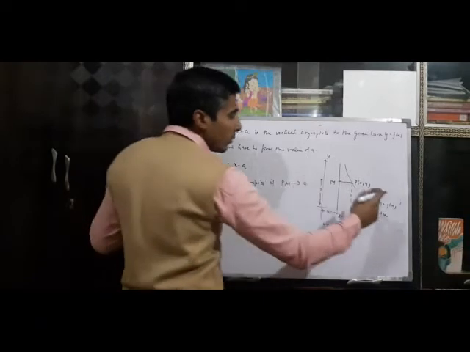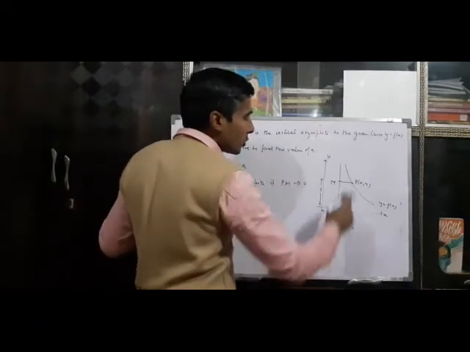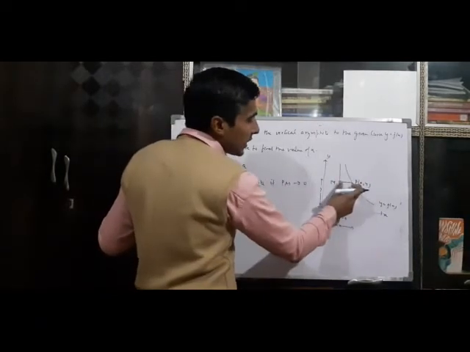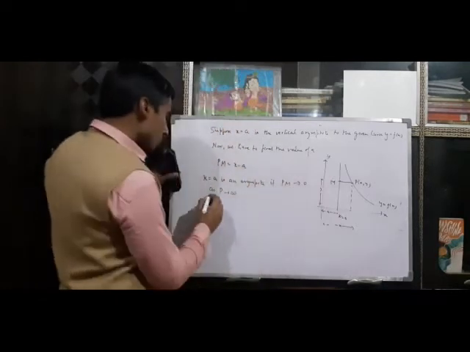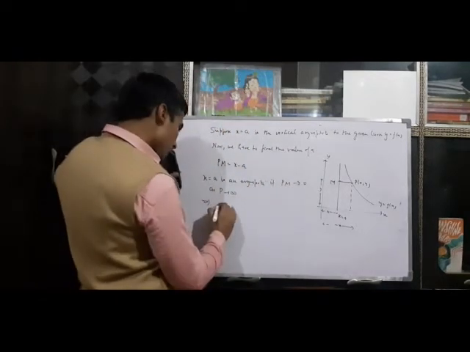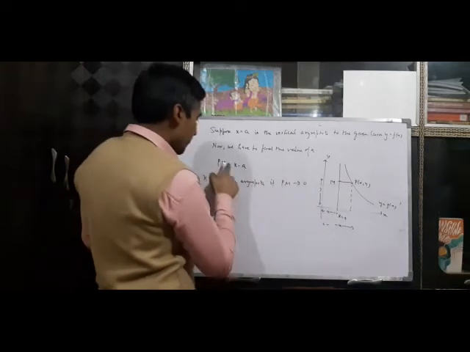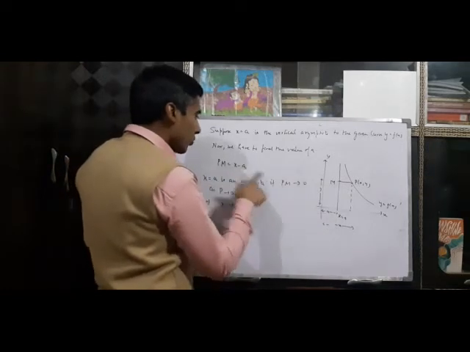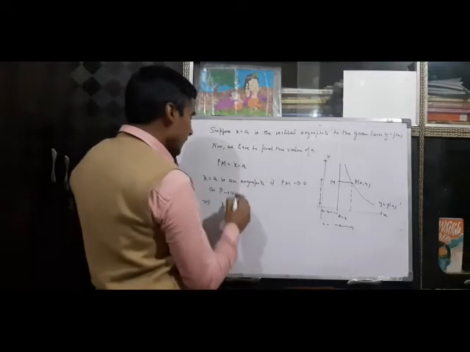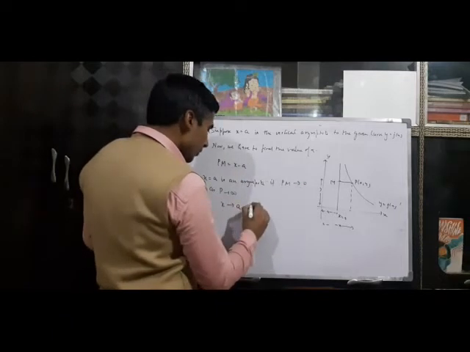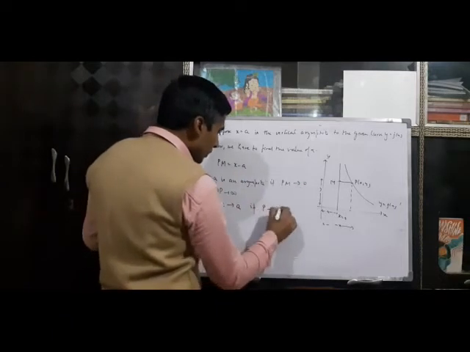That means if P moves along this curve and approaches to infinity, then this distance will approach to 0. So that implies x tends to a. PM is x minus a. So PM approaches to 0. That means x approaches to a if P tends to infinity.